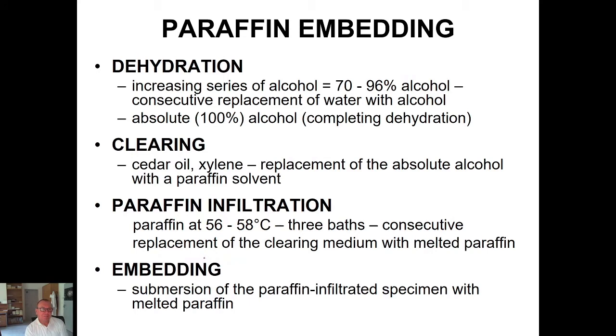Here is the slide showing all steps of the paraffin embedding. Dehydration. In paraffin techniques we use alcohol. We start with 70% alcohol and finish with several baths in so-called absolute alcohol.